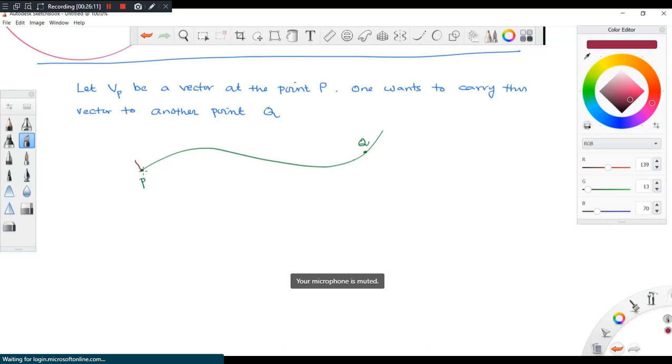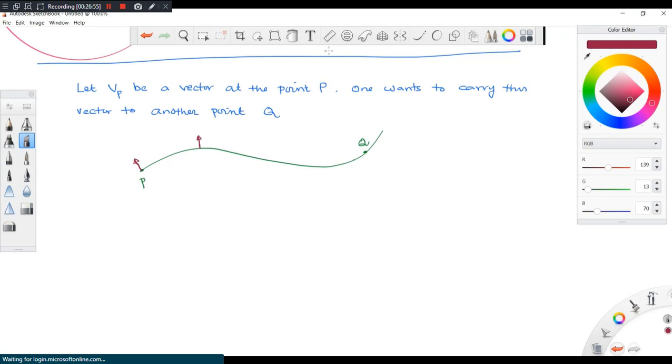So when it reaches here, it will be perpendicular, something like this, and when it reaches here, it will look like this at Q. So what is my aim? My aim is to move this parallelly and keep it here. When I take it parallelly, you can see that the directions are changing. How can I keep it parallel? That is my aim.